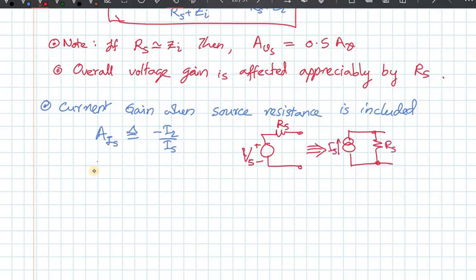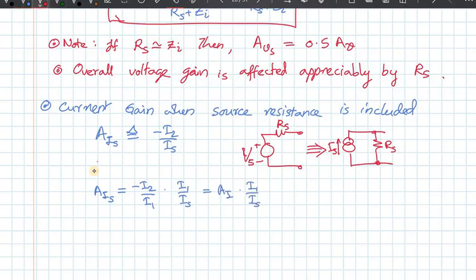So if this is the case, my AIS is equal to minus I2 over IS, which I can write as minus I2 over I1 times I1 over IS. We already know the first term, which is AI, times I1 over IS. What is the ratio of I1 to IS?